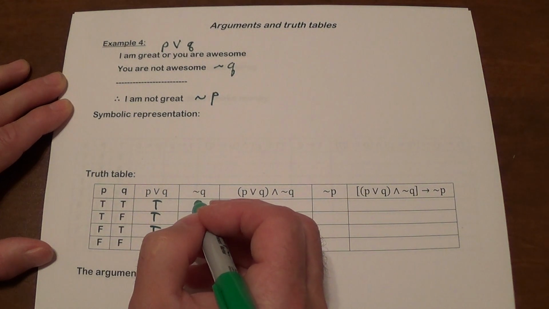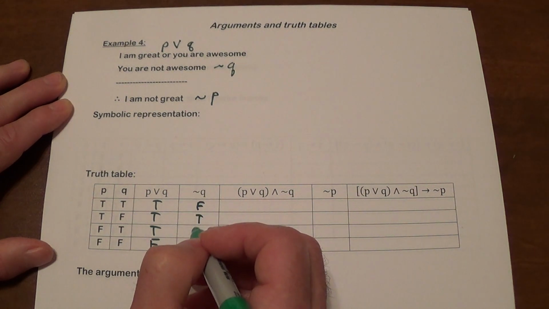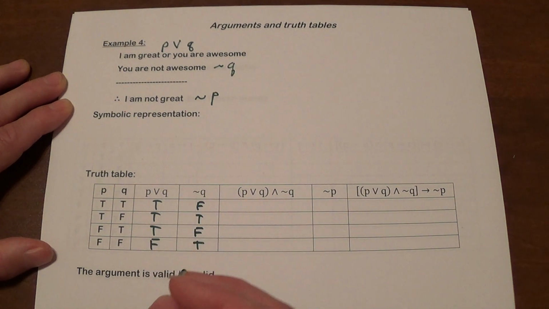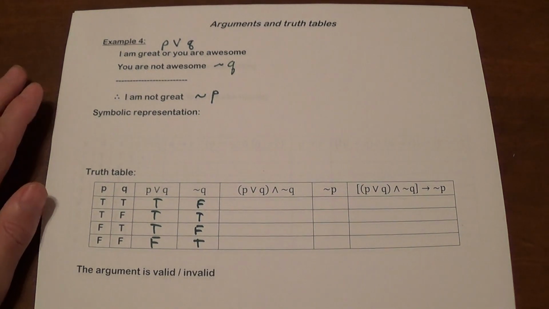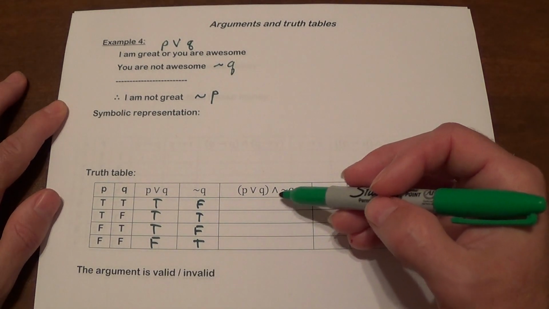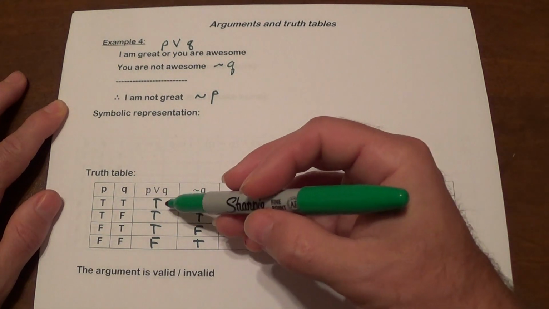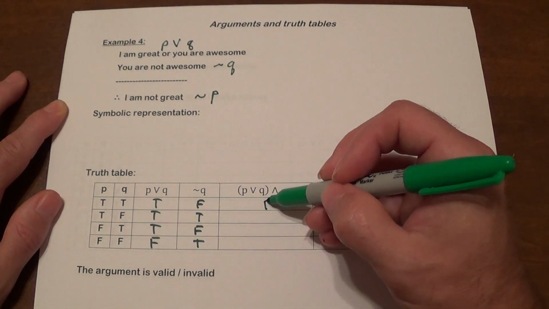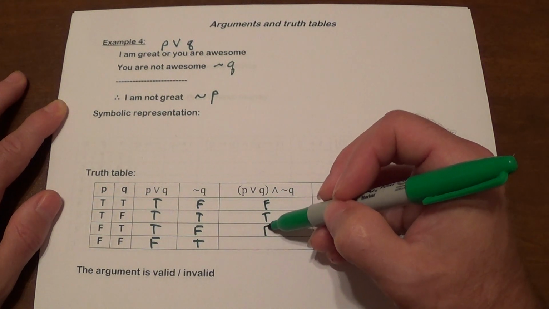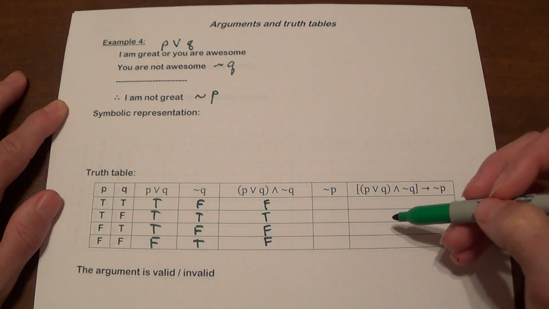Not Q will be false, true, false, true. P or Q and not Q will be false, true, false, false.